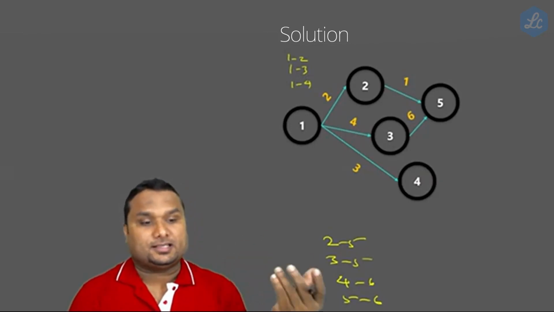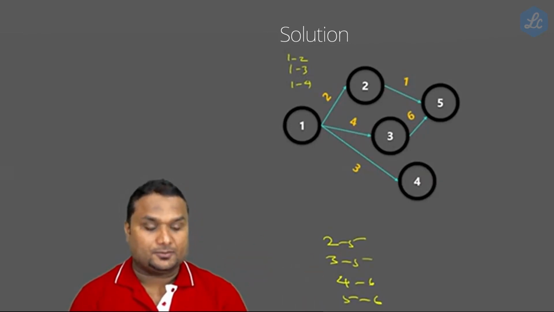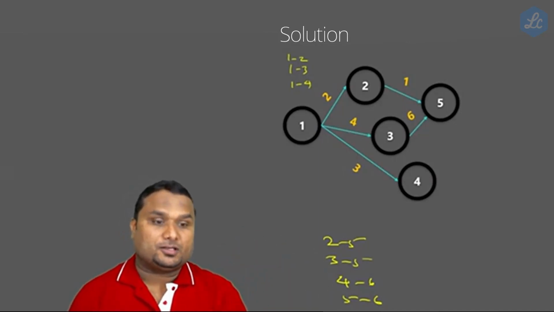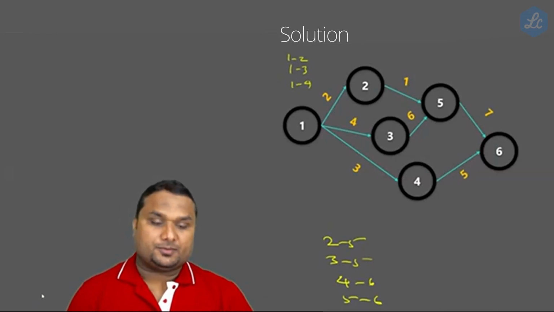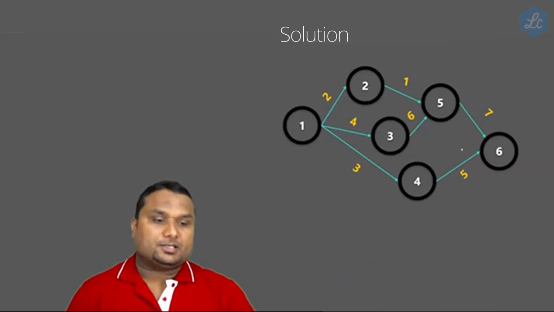After 6 nothing is there, so 6 is the ending value. From 5 it is going to 6 and from 4 it is going to 6. Now apply the time. Once you finish this, let me know. This is our network diagram.